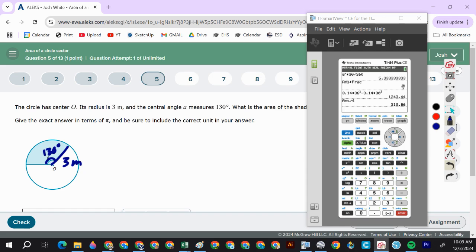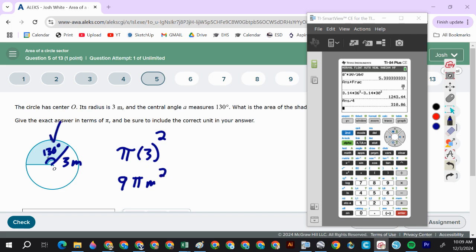Well, first we need to calculate the area of the entire pizza pie. So pi times 3 squared. That's going to give me 9 pi. And it does not want me to put my answers in a decimal. It wants me to have a fraction of pi. So the entire pizza is 9 pi meters squared.